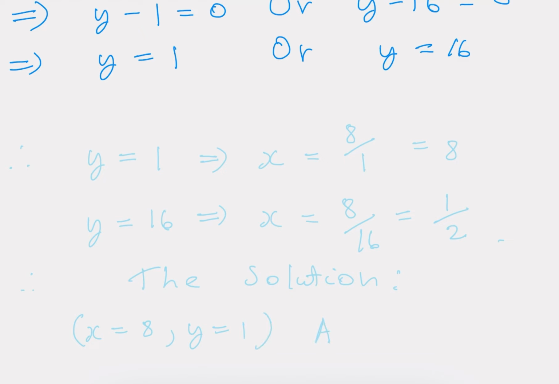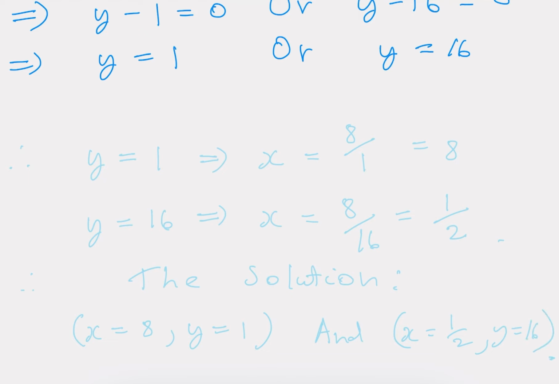And so it's 2 solutions. It's x is 8, y is 1. And the second solution, let me write that again, I want to explicitly write x and y. So I'll say x is equal to 1 over 2 and y is 16.